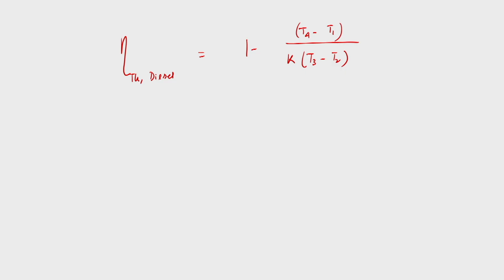You know that we have defined a few terms. Beta is the cut-off ratio, that is, the change in volume during the combustion process, the constant pressure heat addition process, and that is very important: beta is V3 by V2, which is equal to T3 by T2.